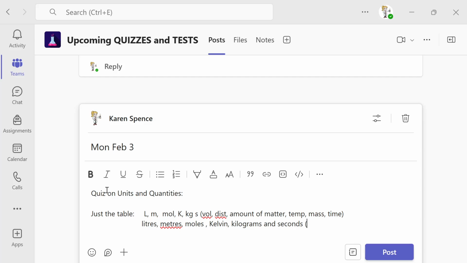And you should know that the abbreviations for volume and distance are capital V, small d, N for the number of atoms or number of particles, temperature, because temperature is a bigger word than time, mass, and time. There we go. Okay, I should actually switch these around.